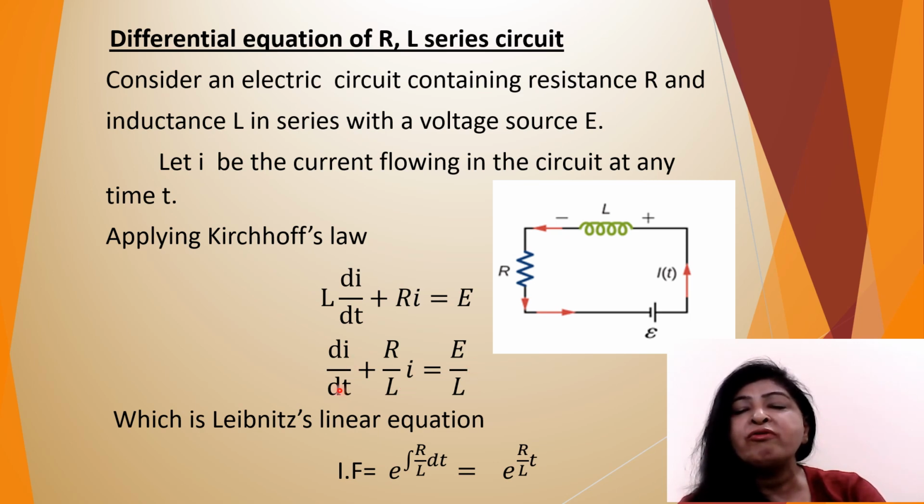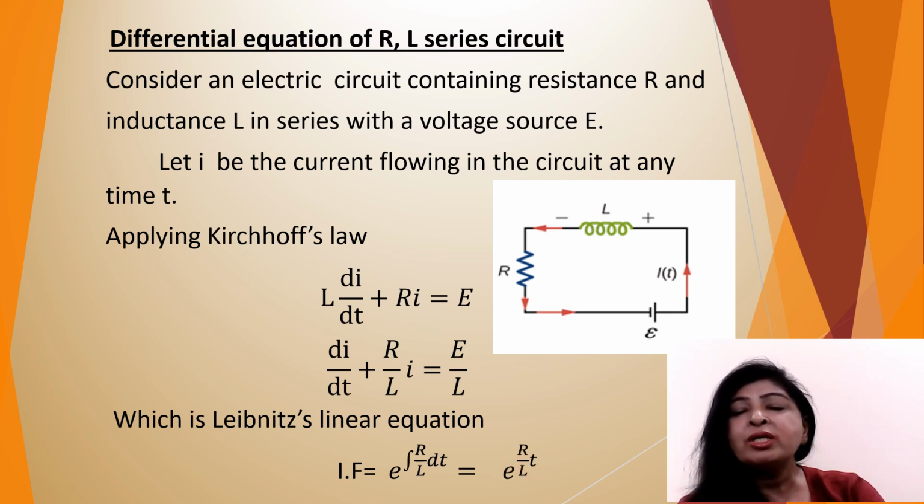So this is of the form di by dt plus Ri is equal to P. It is a Leibniz linear equation. Its integrating factor is given by e raised to integral R by L dt, which is equal to e raised to R by L t.